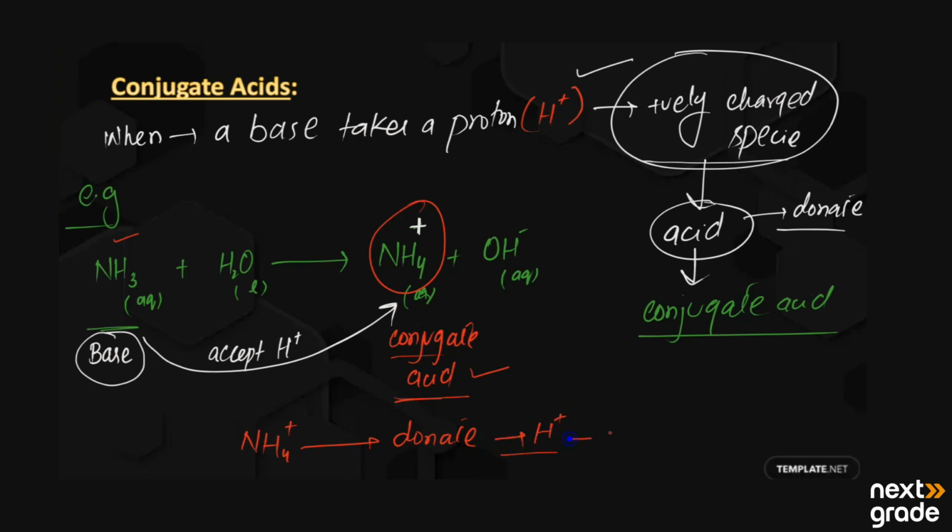So it has the ability to donate the proton, that's why it has the properties of an acid. We call it a conjugate acid because it has been produced from the Lowry base. So this is the conjugate acid concept.